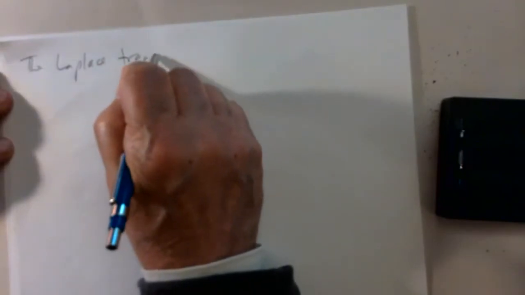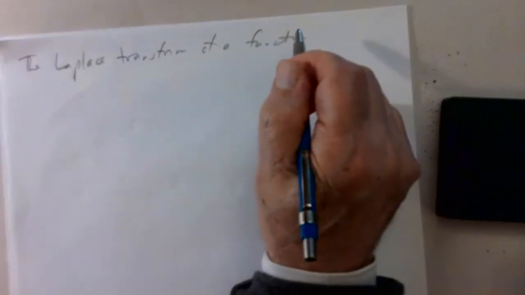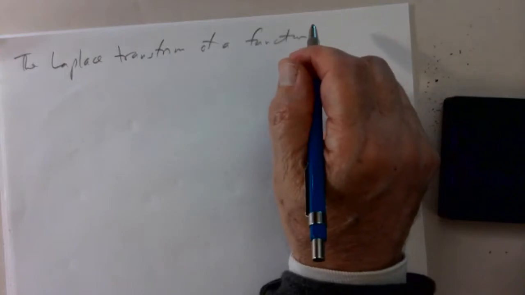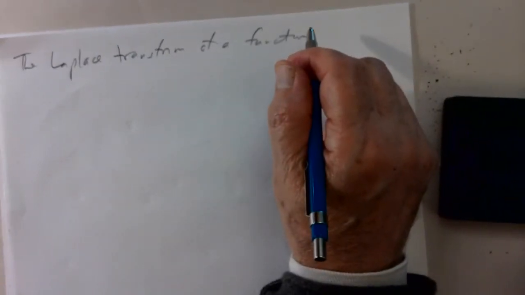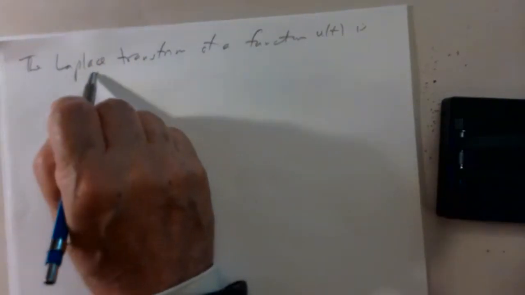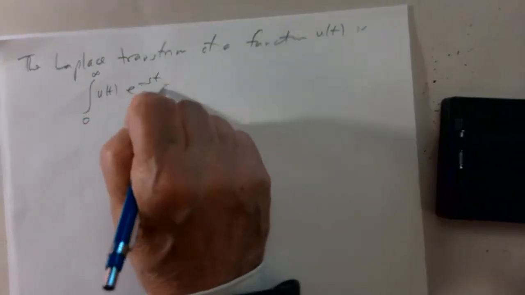Okay, so what I've just done are two examples of the Laplace transform. The Laplace transform of a function u of t is the integral from 0 to infinity of u of t e to the minus st dt.